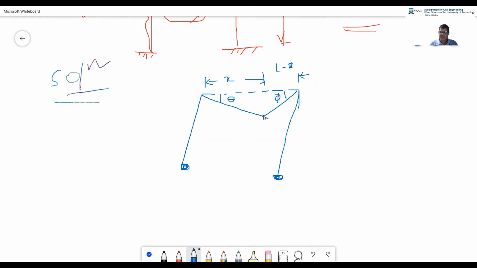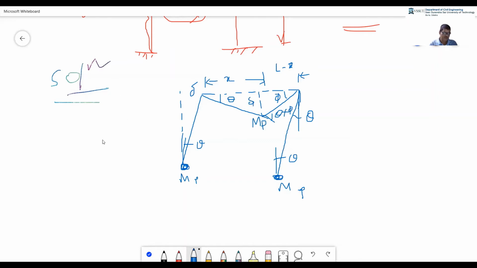This will be theta plus phi. MP here, MP here, MP here. This angle is theta, this angle is also theta. So this value will be delta, that will be delta 1.